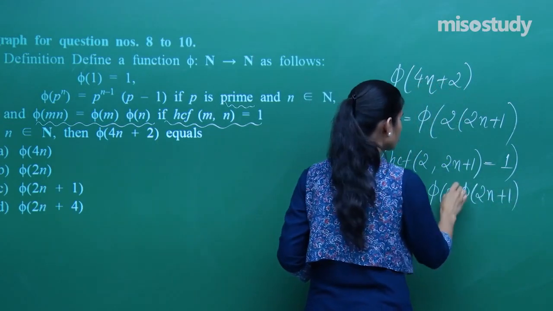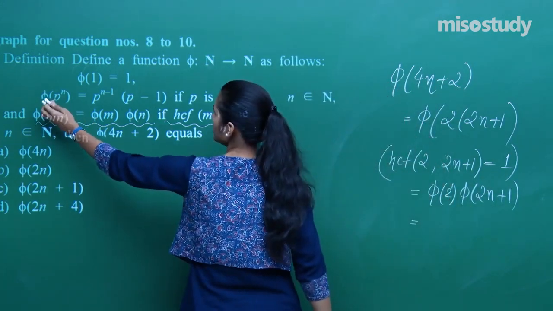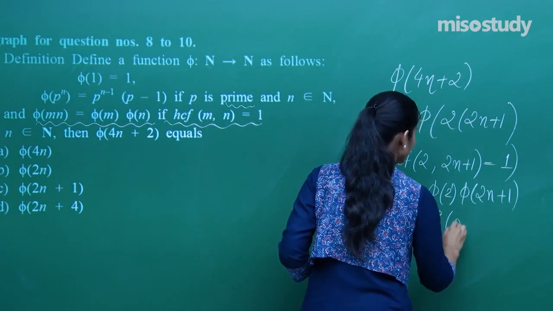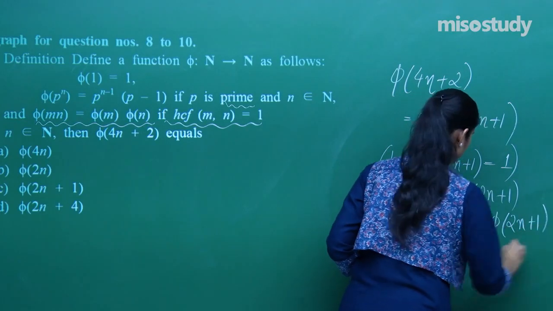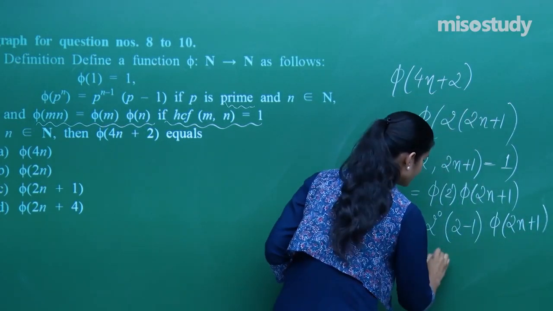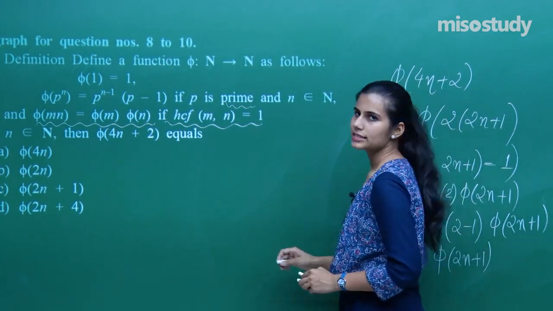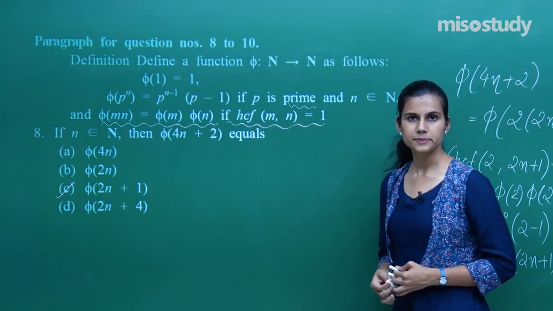What is phi of 2? 2 is a prime, the power is 1. So phi of 2 to the power 1 is 2 to the power 1 minus 1 into 2 minus 1, into phi of 2n plus 1. This is 1 into 1, 1, so you are just getting phi of 2n plus 1 because phi of 2 has come out to be equal to 1, so you are getting C as your correct answer.